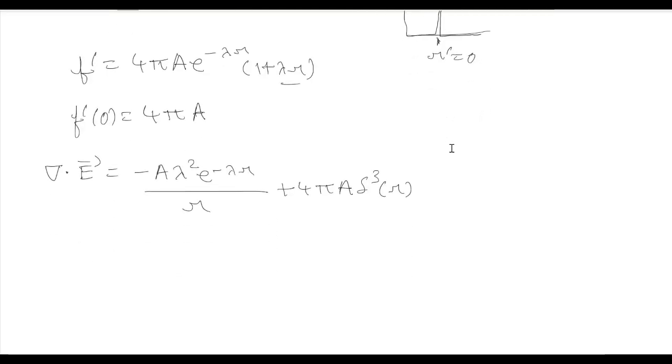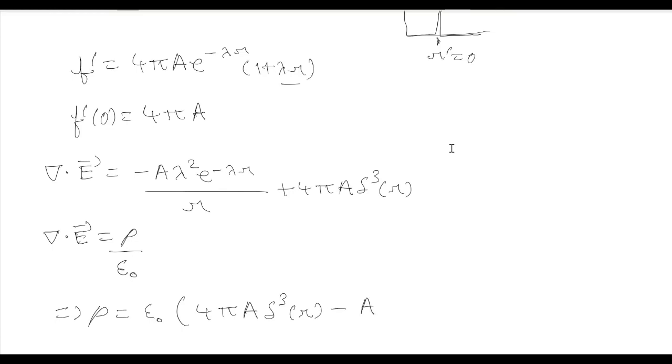Now we just need to find the volume charge density rho from here, which is simply rho equals epsilon times 4 pi a del cube of r, the three-dimensional delta function, minus a lambda squared e to the power minus lambda r over r.